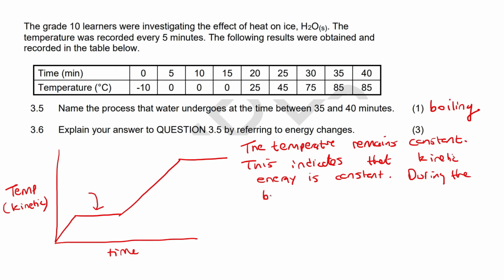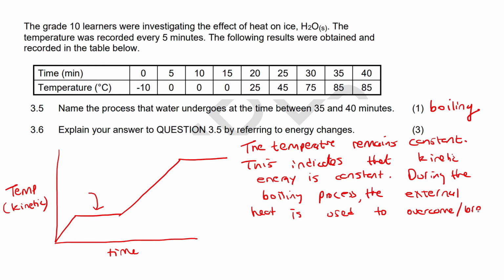During the boiling process, the external heat is used to overcome. If you're in the CAPS curriculum, you can say break. Most of you are CAPS, by the way. Overcome or break the intermolecular forces between the molecules. Okay, and that's pretty much all that you need to say over there.